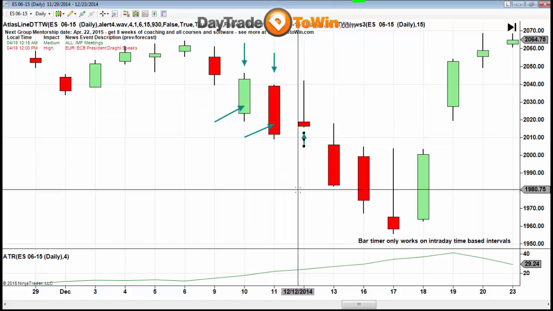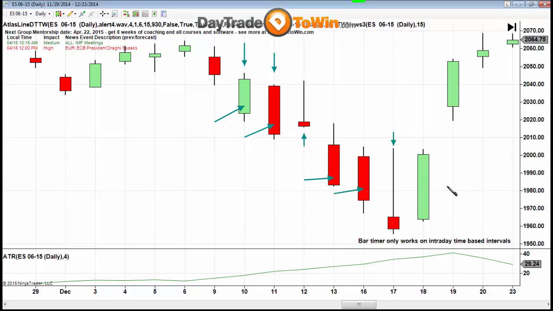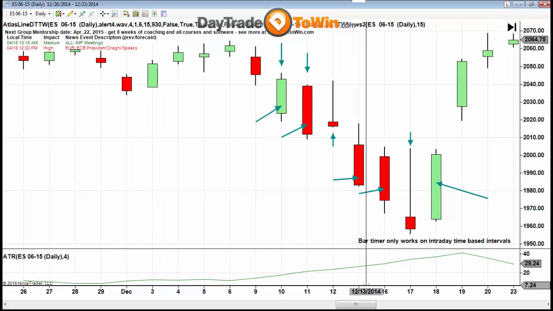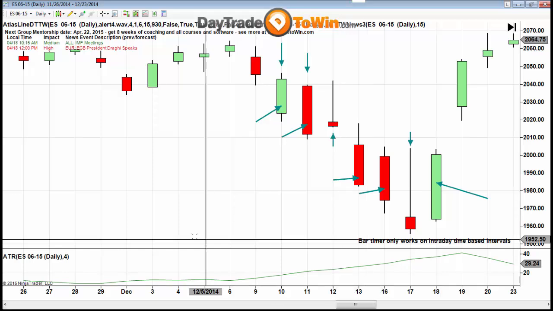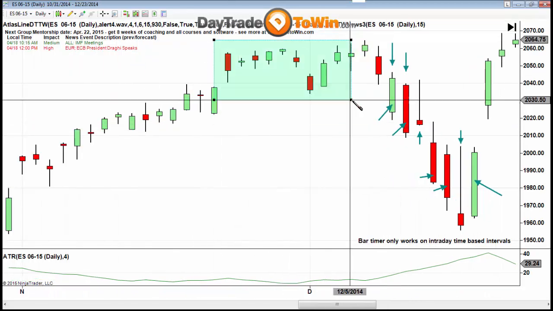This day here looks like it trended up and came roaring back down. Trend. This candle red, this candle green. But they're all days with large moves, which you can take advantage of. I'm going to go back here and look at this.